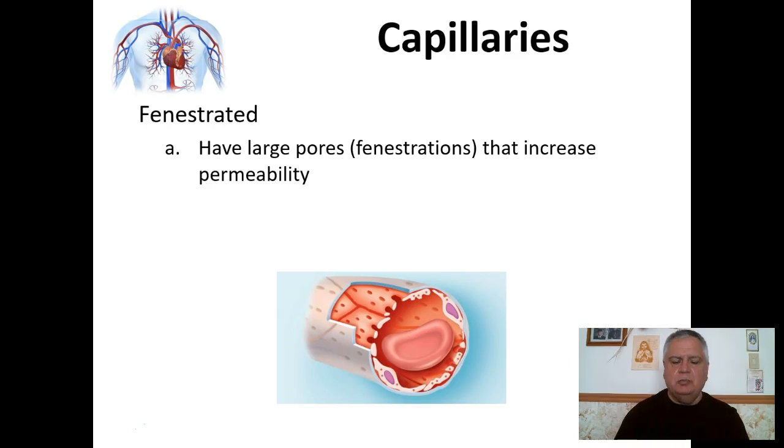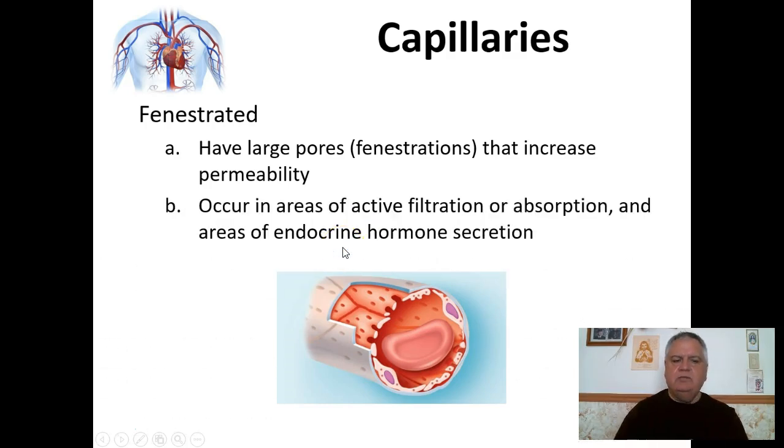So they're going to have large pores in them. As we can see in these cells, the large pores are going to allow easier diffusion and osmosis to occur.